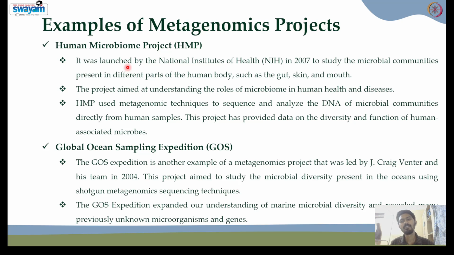So they will take a mouth sample, skin sample, and gut sample, and they will analyze all the bacteria that are present in the gut. And this gut microbiota is a separate section where they have a lot of microbial species that are prevalent in the gut microbiota. This is studied in order to keep our digestive system clean.